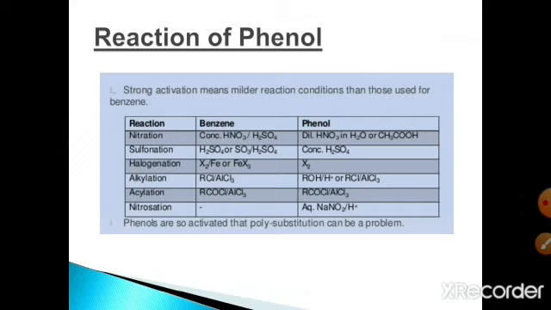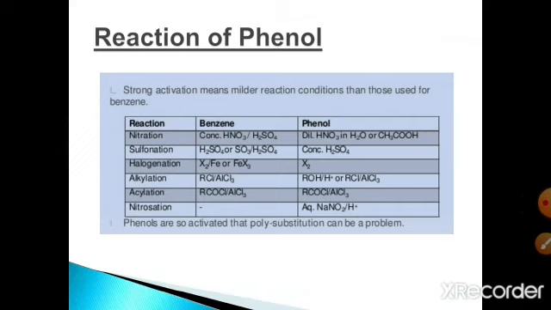And whenever alkylation takes place, it takes place in the presence of a Lewis acid, which is used as the catalyst along with the alkyl halide. Similarly, when alkylation takes place on phenol, we use the alkyl halide in the presence of a simple H+ ion, or we also use a Lewis acid catalyst.